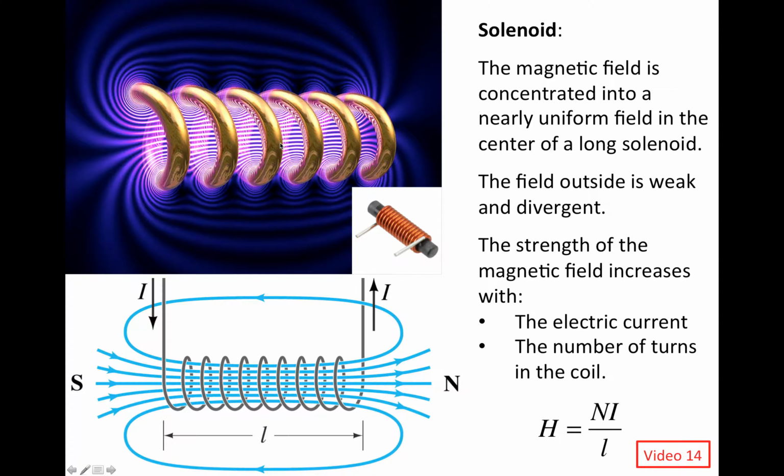The magnetic field induced by the current flowing through the solenoid is concentrated in the center of that solenoid. The inductor is actually a solenoid. It is created by coiling up a conductive wire around a piece of ferromagnetic material. The black stuff in the middle is a ferromagnetic material.